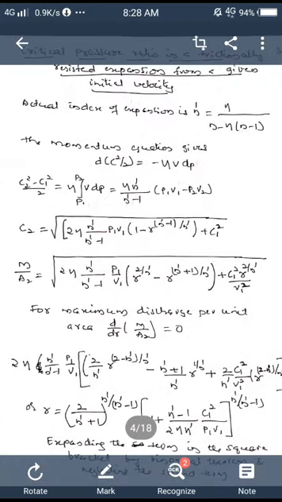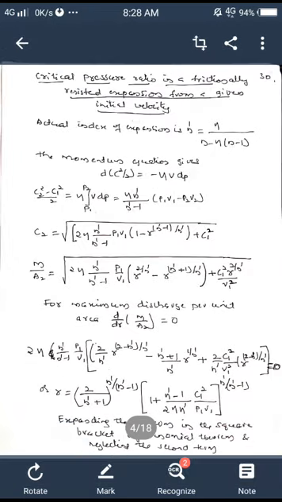Now we will find the critical pressure ratio for a frictionally resisted expansion of steam considering the initial steam velocity C1. In the previous derivations, we derived the critical pressure ratio neglecting the initial steam velocity C1.